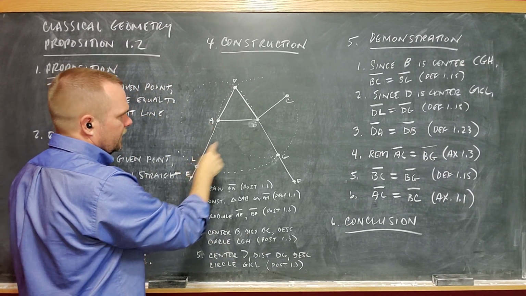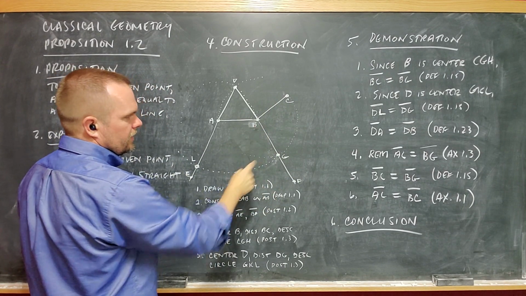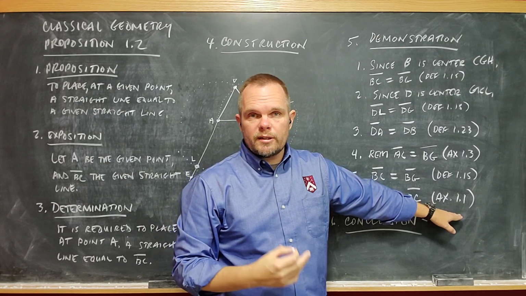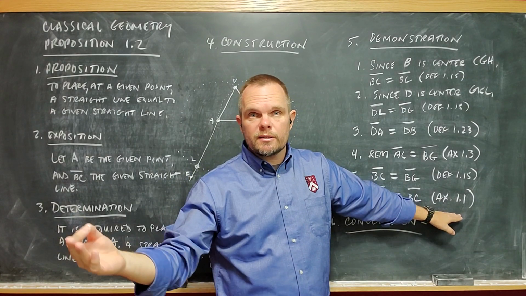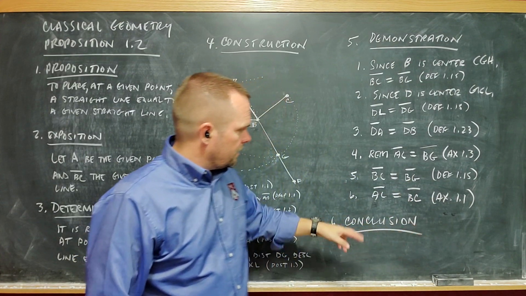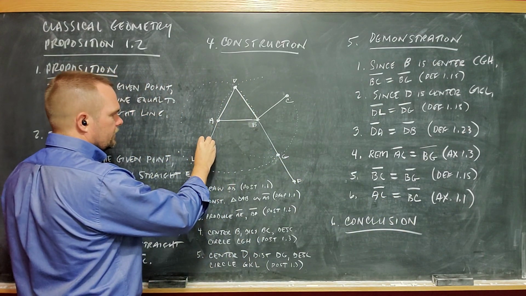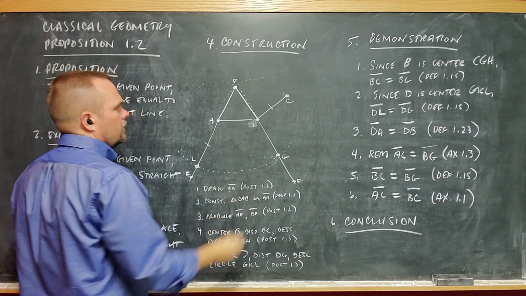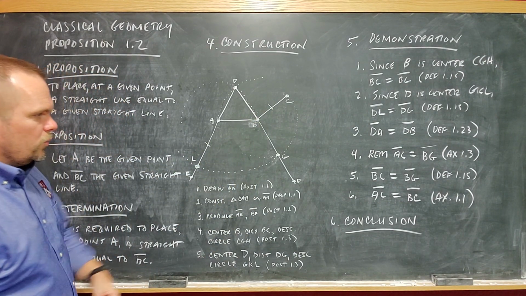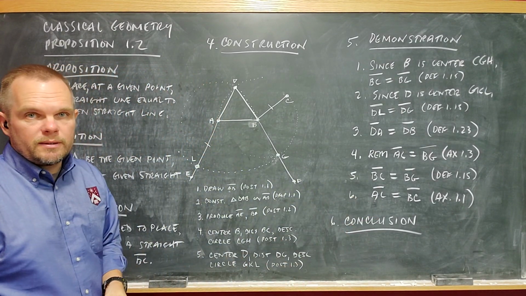So AL and BC were both shown to be equal to BG. And therefore, based on Axiom 1.1, which says if two things are equal to the same thing, they're equal to each other, we can conclude that AL is equal to BC. And I'll just put a little line like this to show that this is equal in length to this. So we've proven here that line AL is equal to BC.